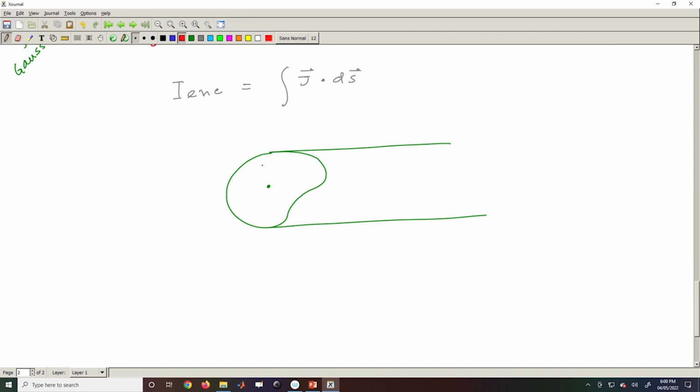If I now draw a circle around this point, this is like the Gaussian surface, now a Gaussian circle like this. Sometimes it is called an Amperian loop, we will discuss this later.